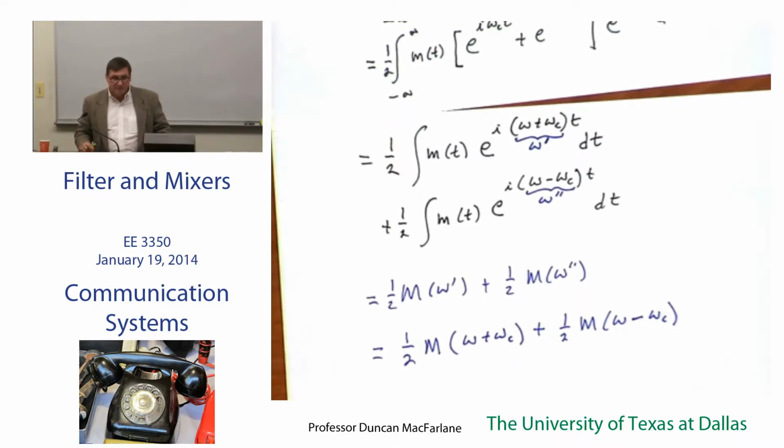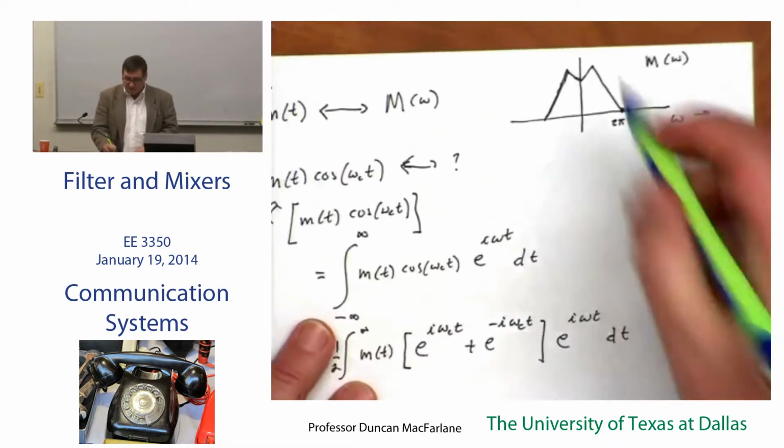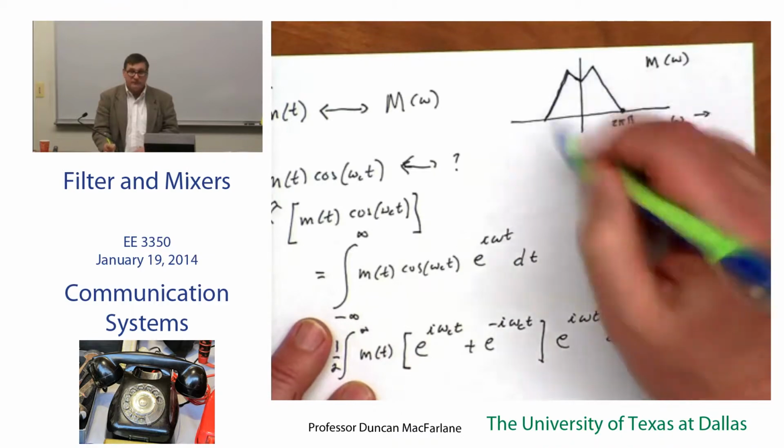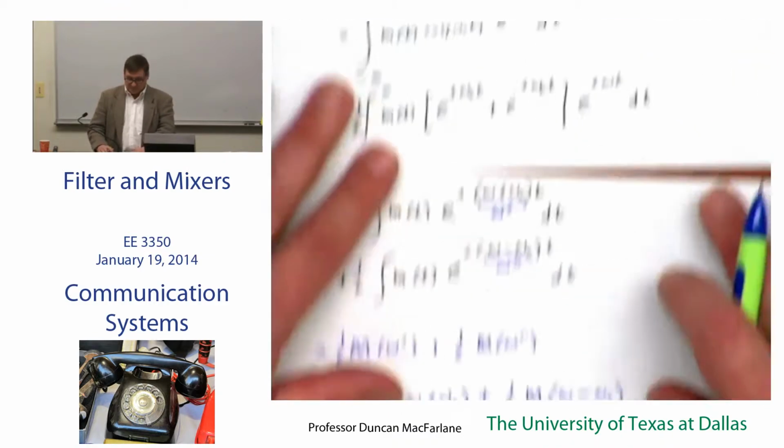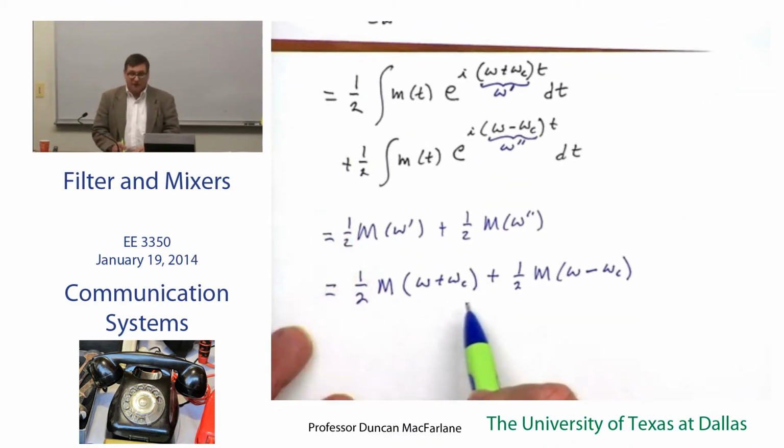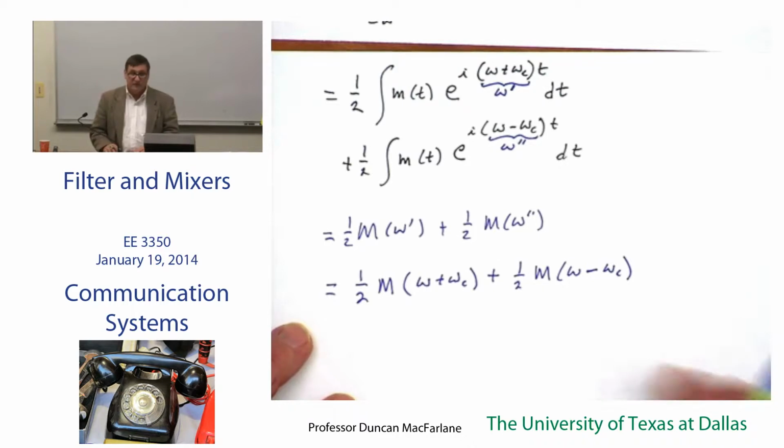Exactly right. Remember that a multiplication introduces new frequency components. So what this does is this takes the distribution here and moves it out to the carrier frequencies. It moves it in the frequency space out to the carrier frequencies.